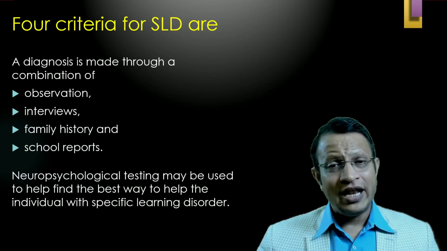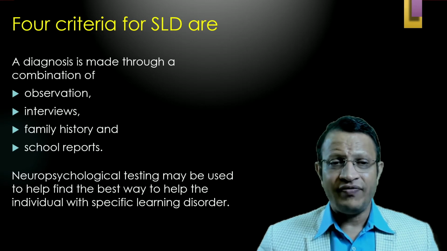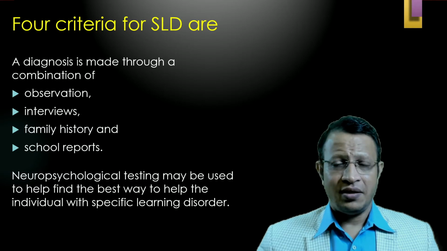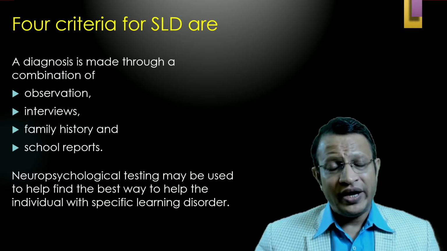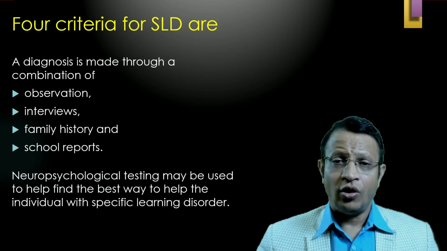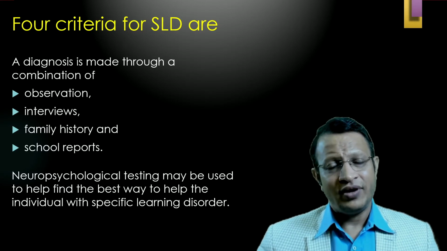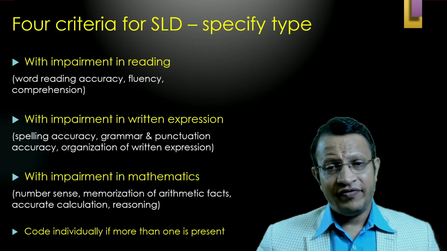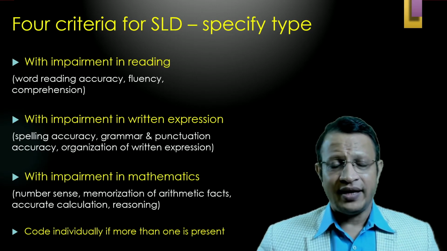All these will help you in making the diagnosis of SLD. However, neuropsychological testing may be used to help find the best way to give a remedial measure and also for certifying disability.